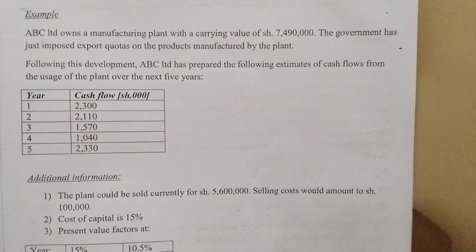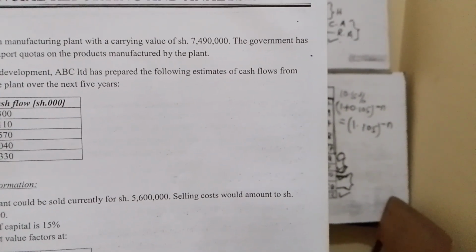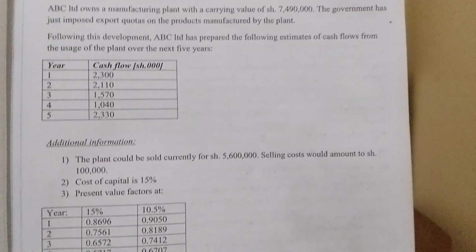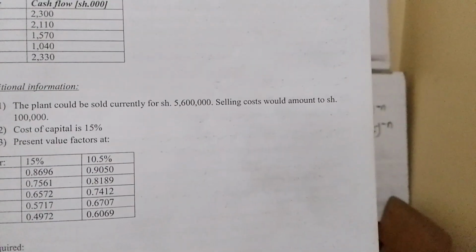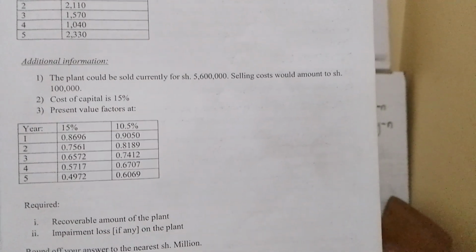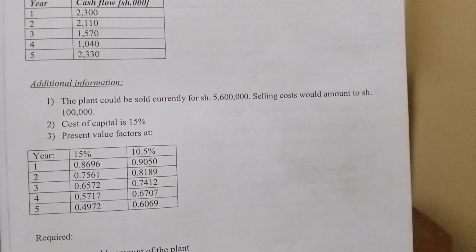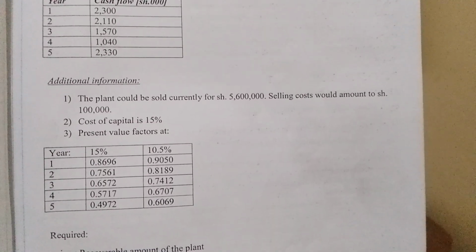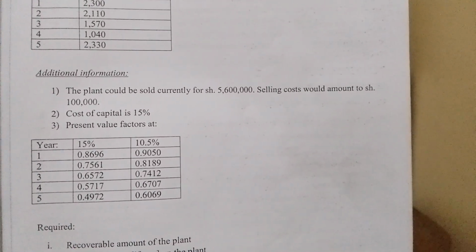Remember, the net book value or the carrying amount of the asset is 7,490,000. Then you are told the plant could be sold currently for 5.6. There are costs of 100,000. That helps us to get the net realizable value. 5.6 minus 100,000, which is 5,500,000. Cost of capital is 15%.